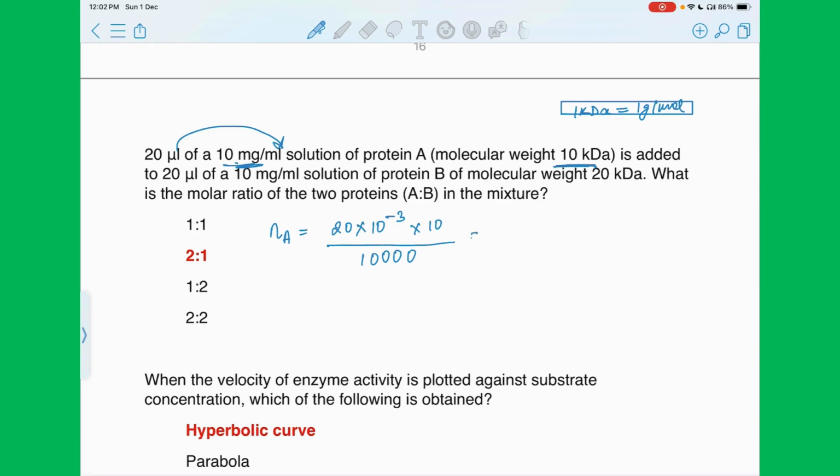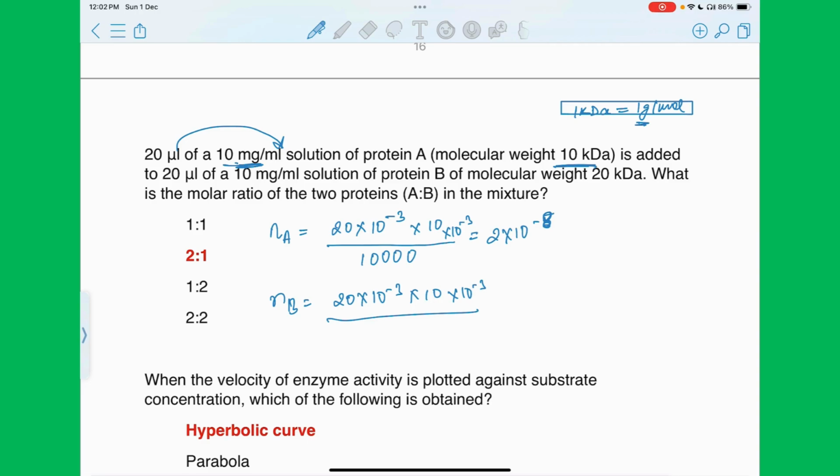So it will be 2 into 10 to the power minus 5. For protein B, it can be 10 to the power minus 3 into 10 divided by, because we are converting milligram to gram also, so there will be 10 to the power minus 3 again, and the weight is 20.